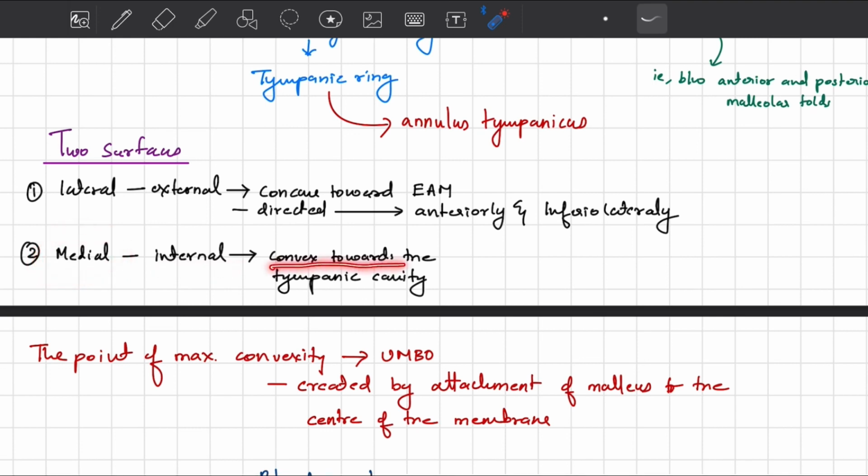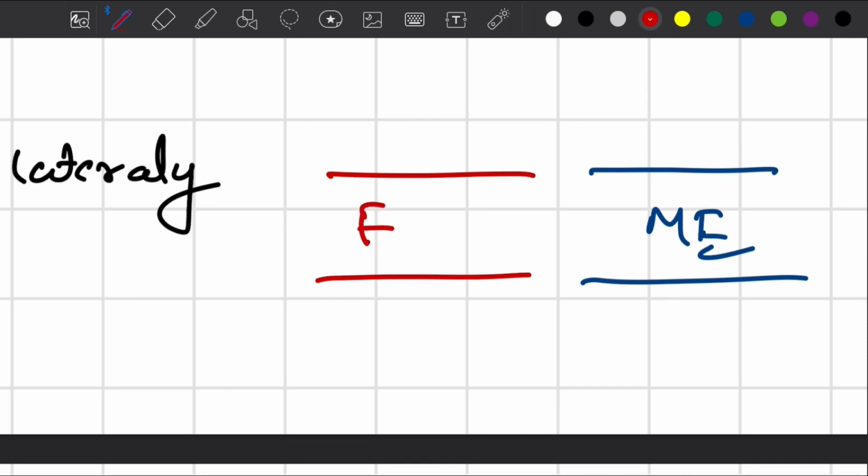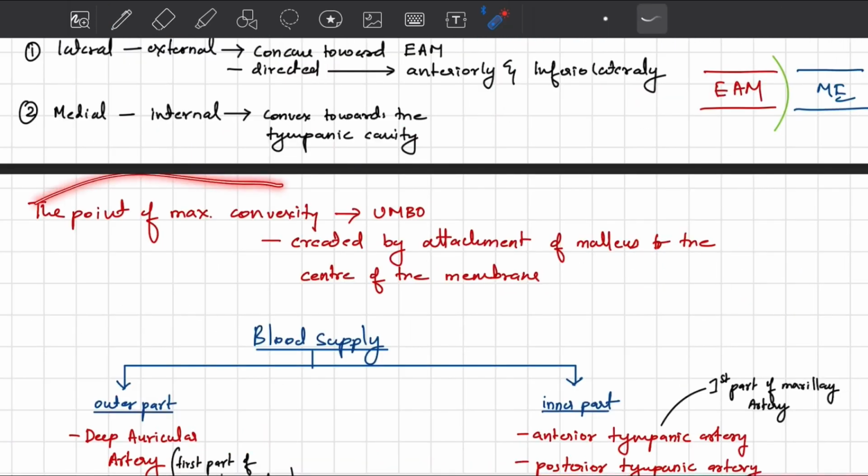It is convex towards the tympanic cavity. So the tympanic membrane will be something like this. The point of maximum convexity is called the umbo, which is represented by a dot-like structure over the tympanic membrane. It is created by the attachment of the malleus to the center of the membrane.